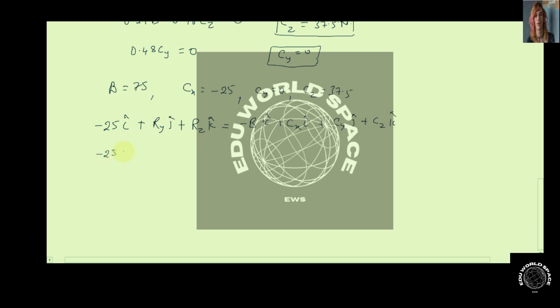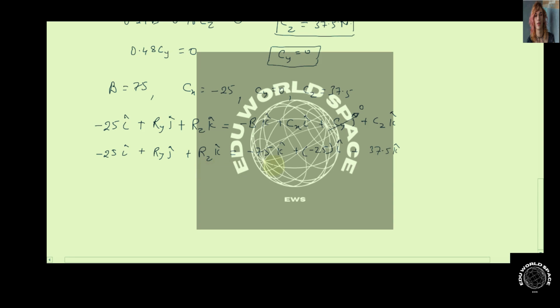So it can also be written as minus 25 I cap plus Ry j cap plus Rz k cap equals minus 75 k cap plus Cy, which is already 0, so this term is going to vanish. Sorry, I made a mistake. So Cy is 0, and Cx is minus 25 I cap plus Cz is 37.5 k cap.